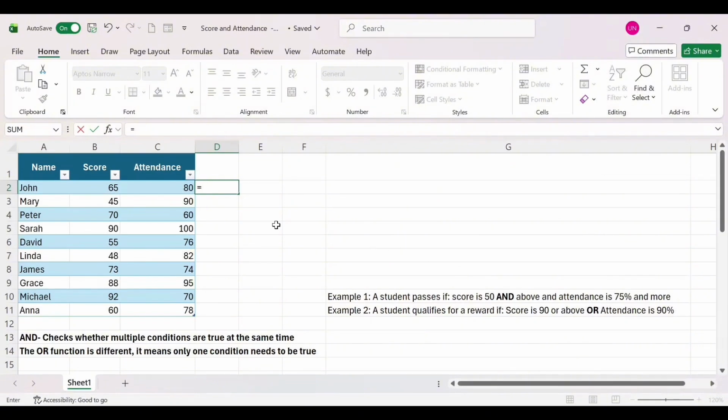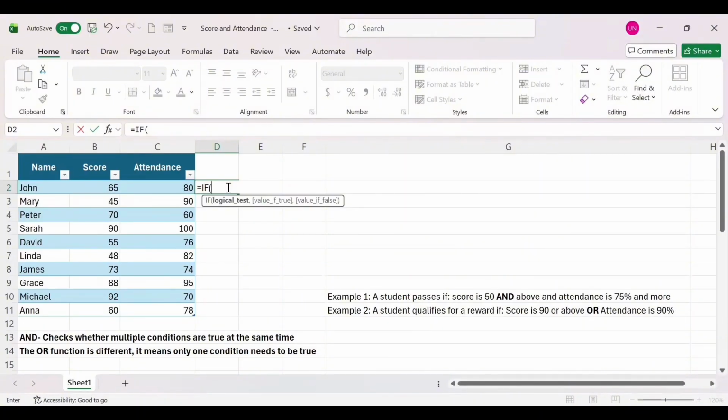So here's what we're going to do. We're going to start from our IF function. Now, remember that the logical test will be two because we're trying to do score and attendance at the same time. So we'll say IF, and remember, this is cell B2. I want us to type it because I want to make our cell referencing very strong.